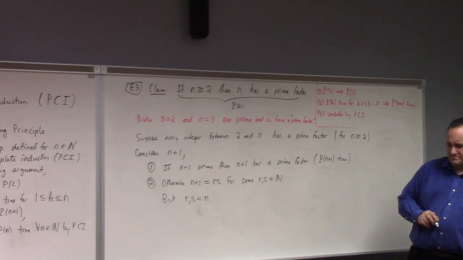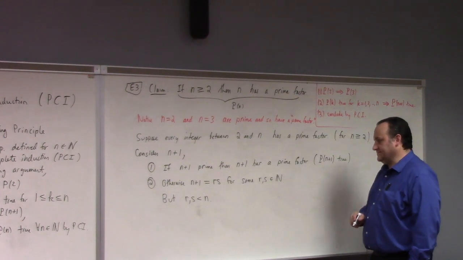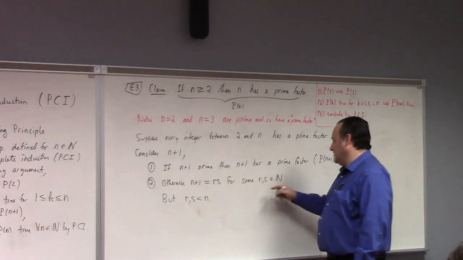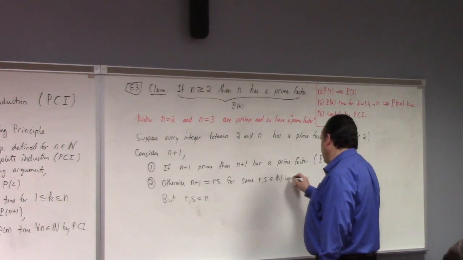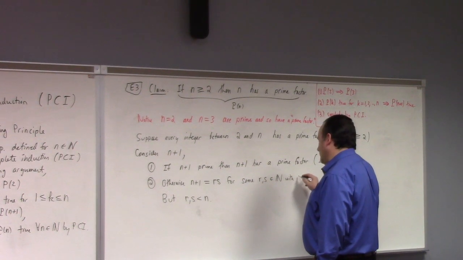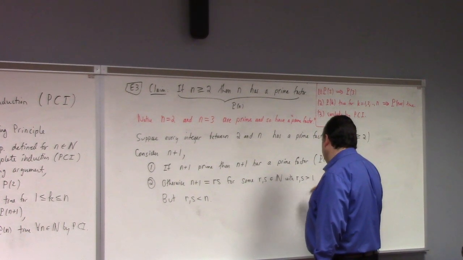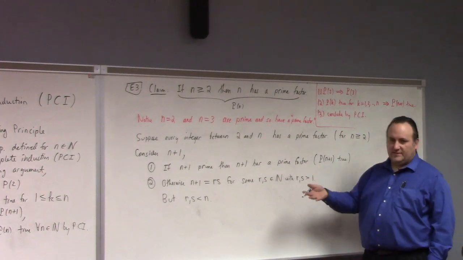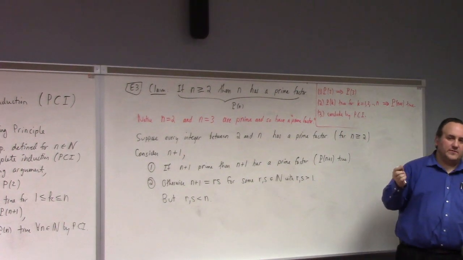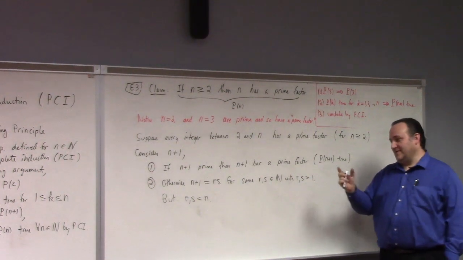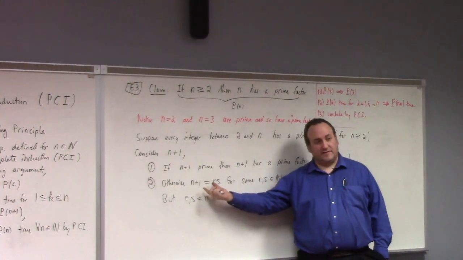So we're assuming. I should say for some r and s with r and s greater than 1, right? The definition of composite does suppose that we have non-unit factors. That's important, right? It's not just enough that n plus 1 is equal to rs.